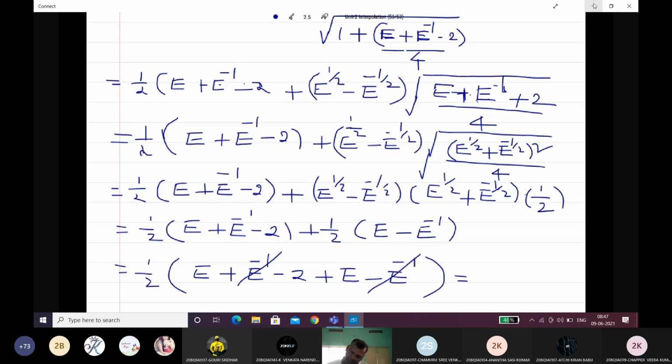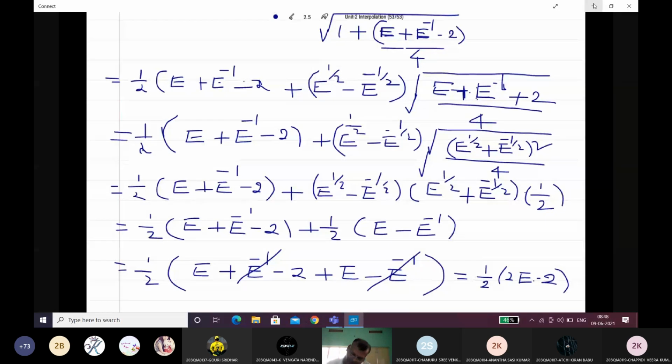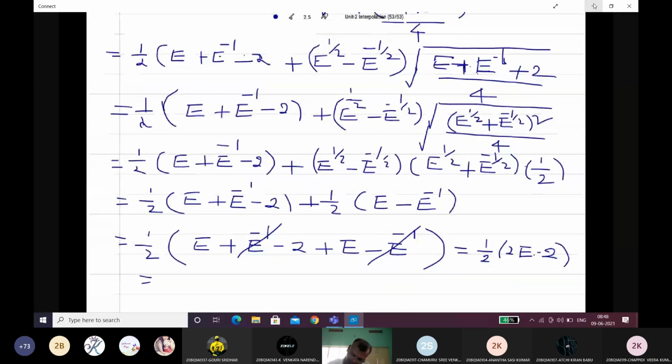That is equal to 1 by 2 into 2e minus 2. Take 2 outside. That is equal to 2 by 2 into e minus 1. That is equal to e minus 1.